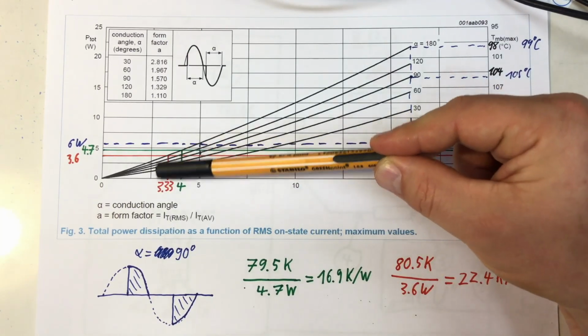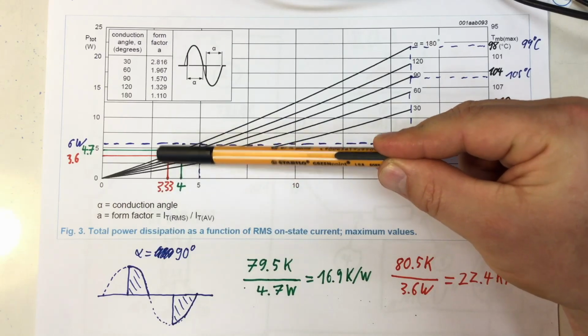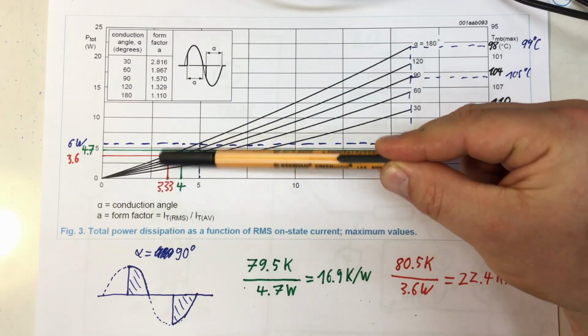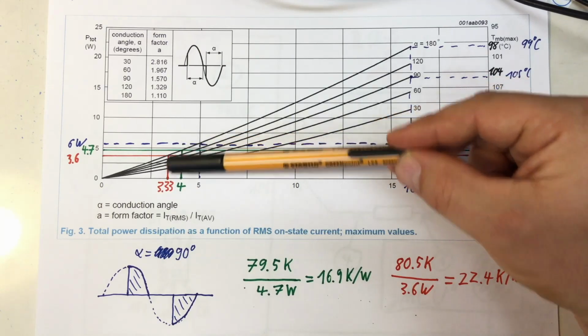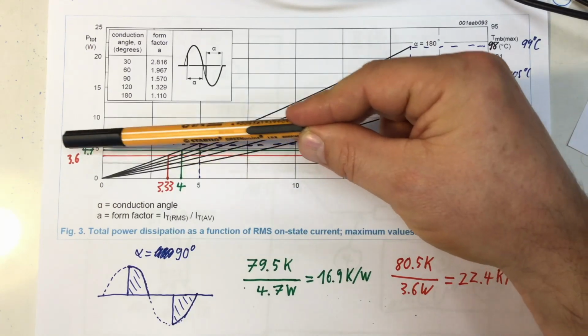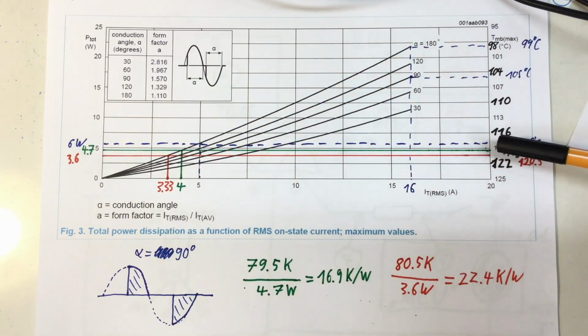Then I scaled down to 3.33 amps, which would give us 80 watts at 24 volts. And then the whole thing yielded 3.6 watts power dissipation and a maximum mounting base temperature of 120.5.